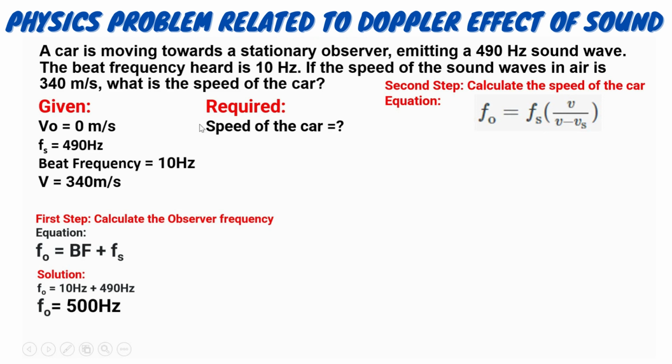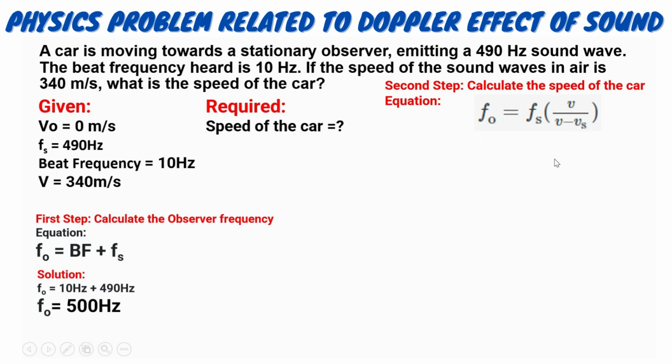Okay? And for the second variable, the car is moving towards the stationary observer. So, the rule is, if the source of sound is moving or approaching the observer, we need to put a negative sign. That's why we put here minus the speed of the car.